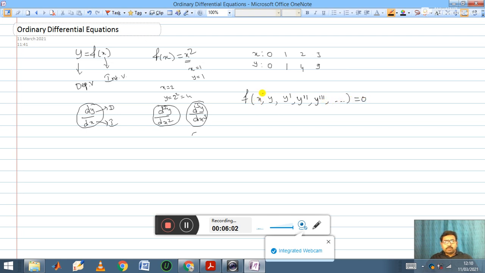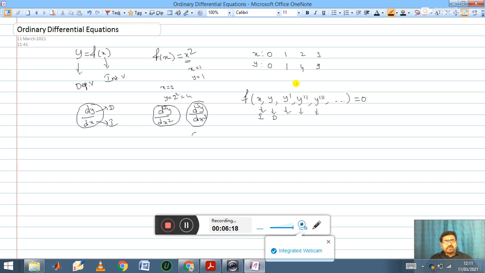Here x is the independent variable, y is the dependent variable, y dash represents the first derivative, y double dash the second derivative, then the third derivative, and so on.